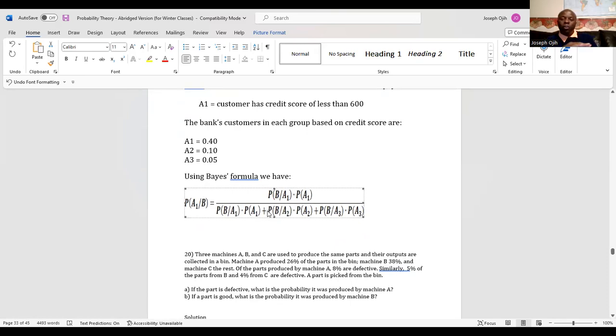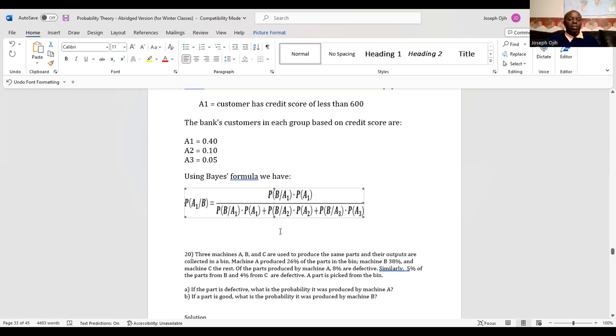You do it for all the events. There are 3 of them. For the second one, you have the probability of B given A2 times the probability of A2. And for A3, you have the probability of B given A3 times the probability of A3. So plugging these numbers in, we are going to have this.